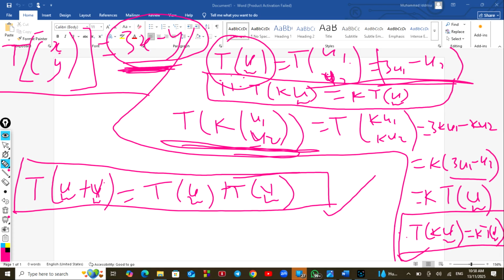So we can say that since the matrix given to us in the question met all the what? Conditions, the key conditions of linearity, that's linearity of a matrix transformation, then we can firmly state that the matrix in question is a linear transformation matrix.